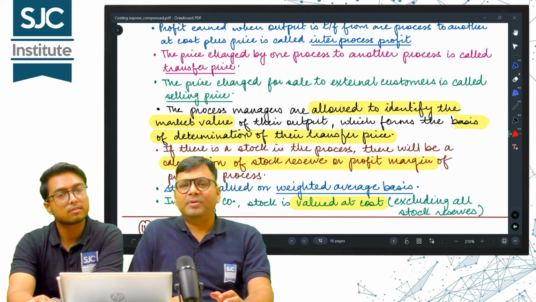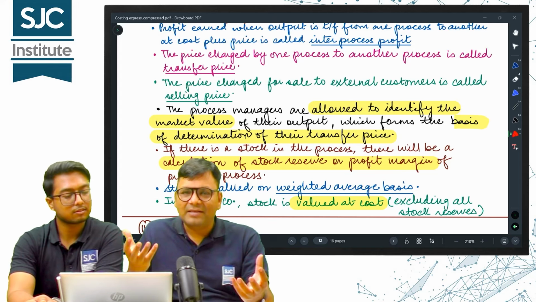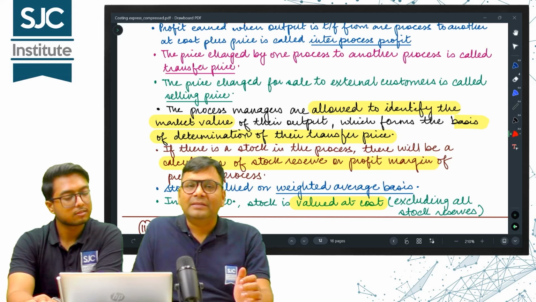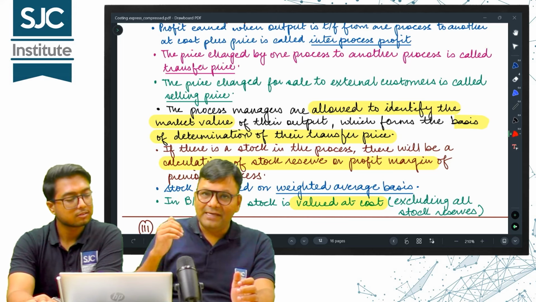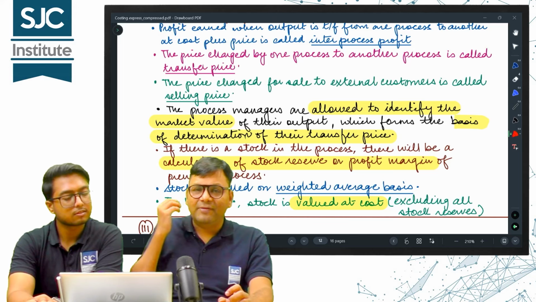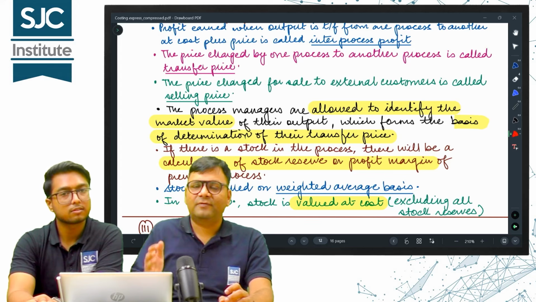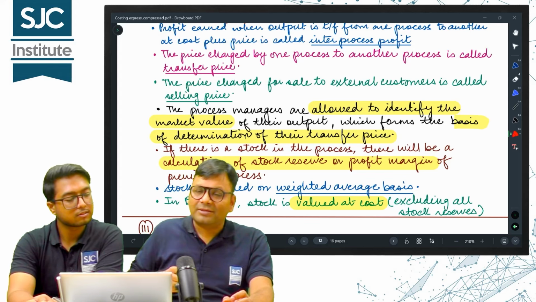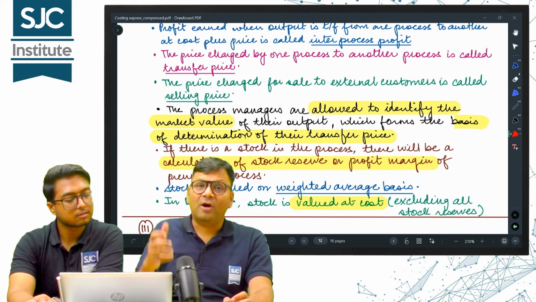So when there are multiple processes and the process managers are made in charge of those processes in such a way that they can run their process independently, they will always want any transfer from their process to be done at some profit. So what can be the price for a semi-processed product?